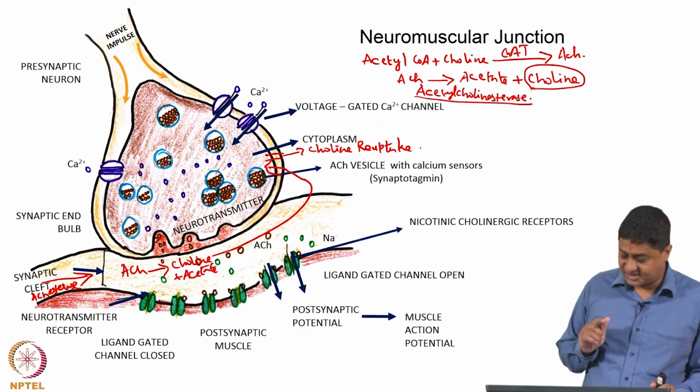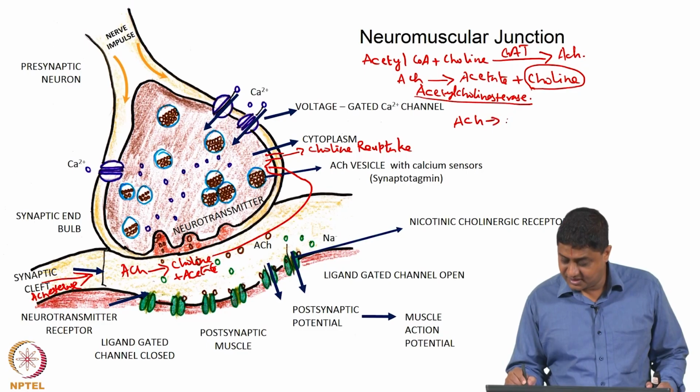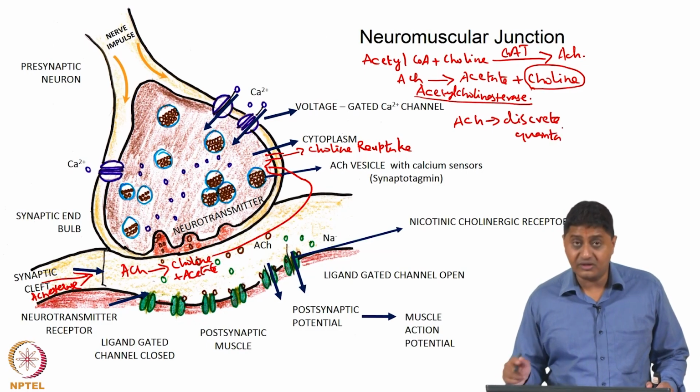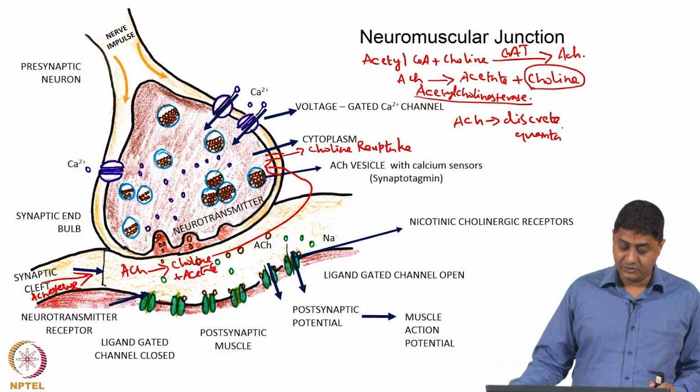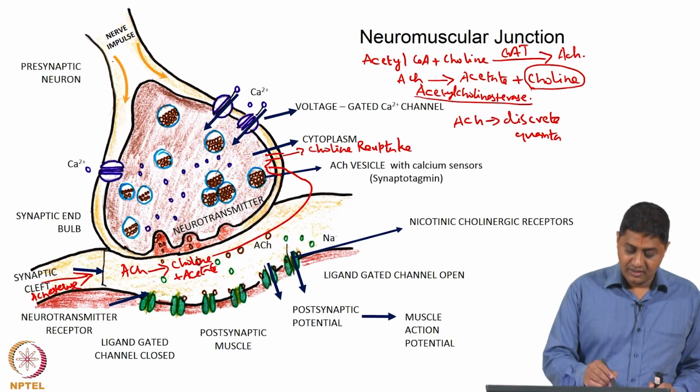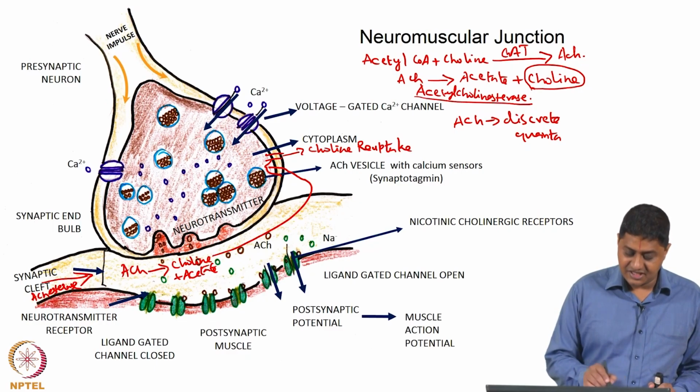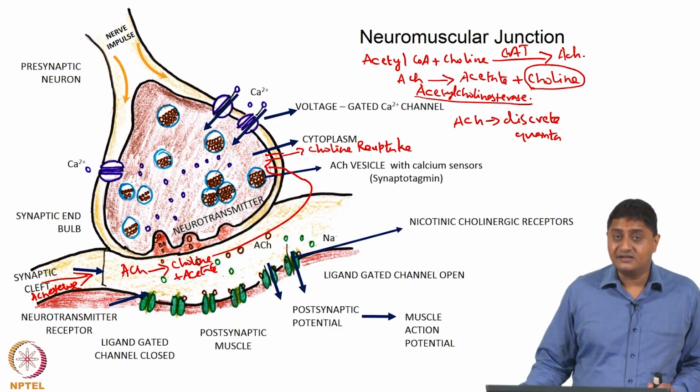We saw that in the previous class. ACh is released in discrete quanta, not continuously, and the amount of this release is related to the depolarization, or the amount of calcium entering the cell due to the action potential.